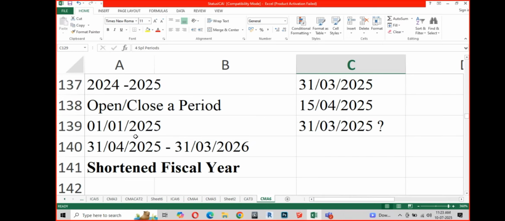Not at all. So in my business start, I may be having less than 12 months. In that case also, you have a concept called the shortened fiscal year. So basically, less than 12 months is a shortened fiscal year. That is all. That's how we conclude.